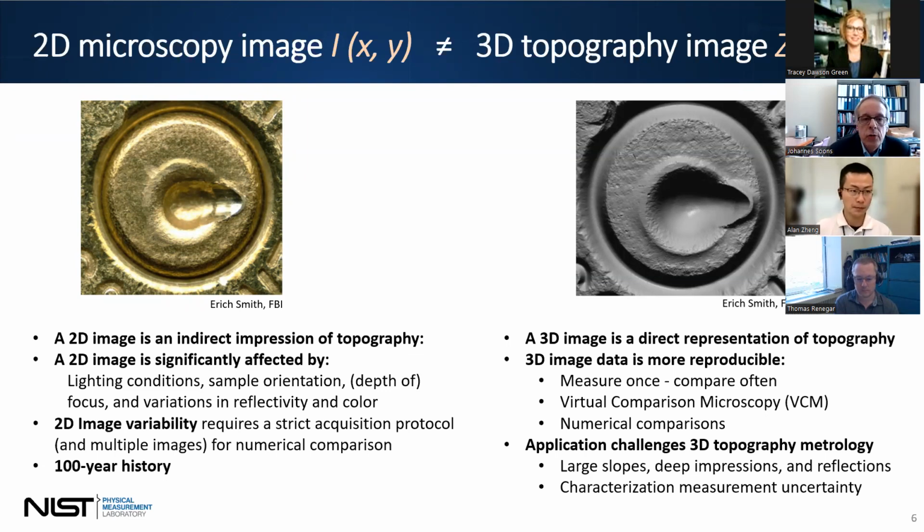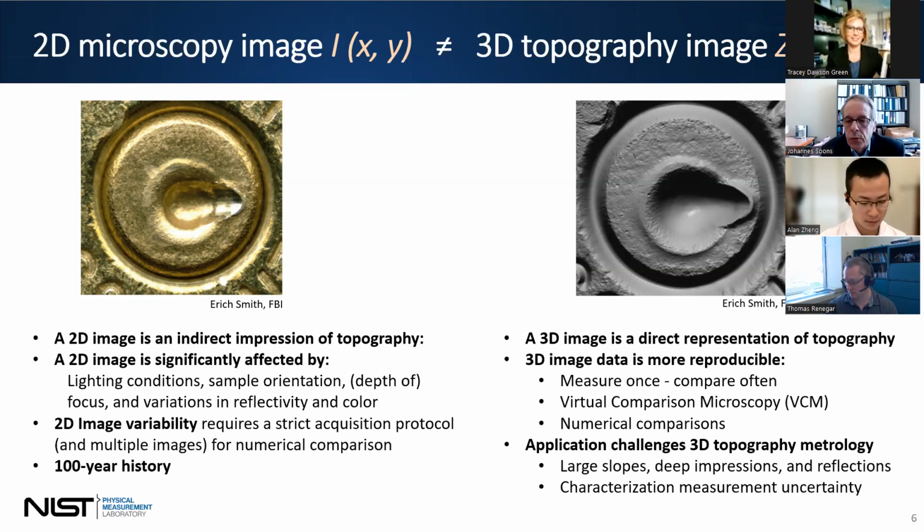Examiners use that to their benefit because they can use variations in lighting conditions to highlight certain features of interest. The challenge is, though, that once you acquire the image, you cannot adjust lighting anymore. Also, there is a high degree of variability in the images acquired, which can make numerical comparisons more difficult.